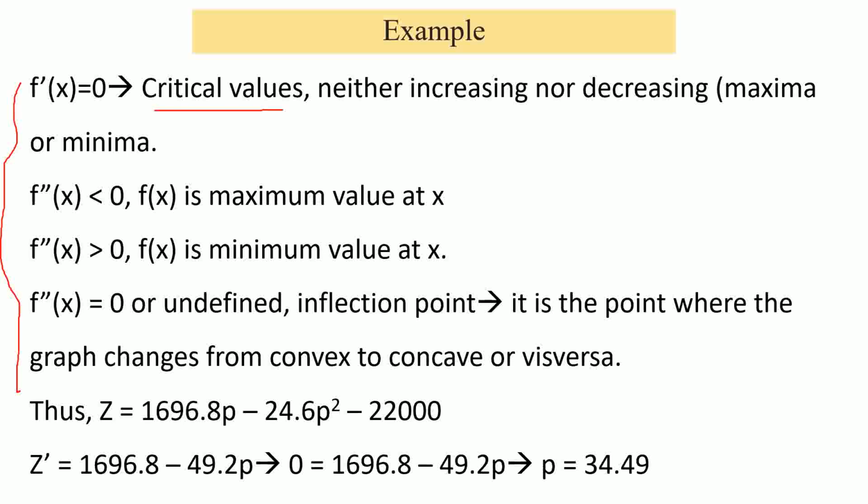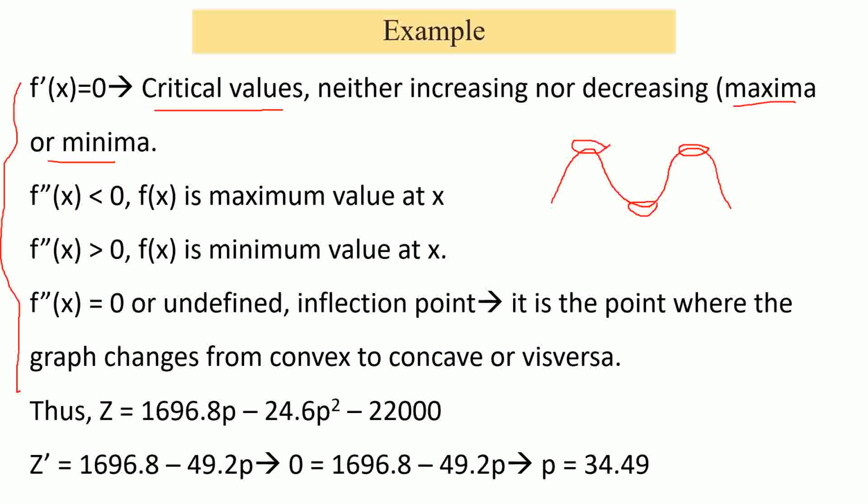So these points are neither increasing nor decreasing, or they can be minima and maxima, or we can say the turning points, like this, like this, like this. So these are the maxima, whereas this one is the minimum. And we can get these maxima and minima by taking the first derivative and equating it with 0.